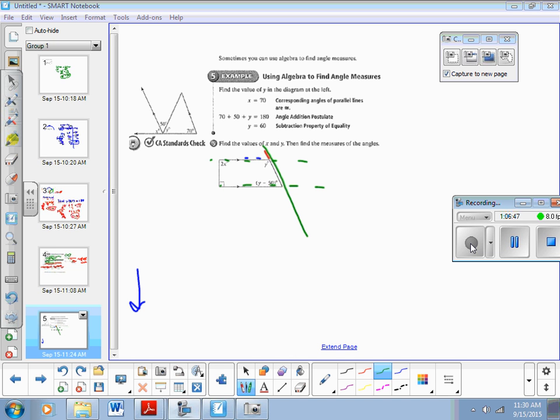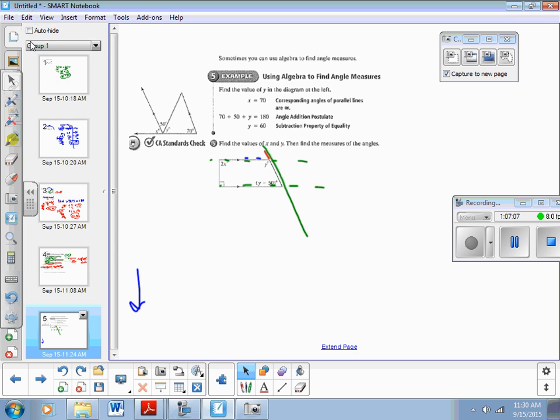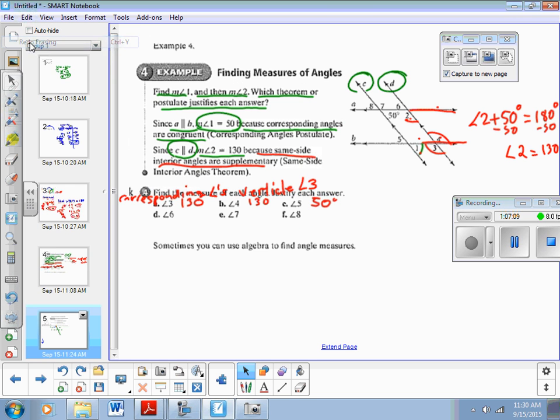By me erasing all that work, can you see it clearly like that when it's just those? Let me put all that work back up there. There we go.